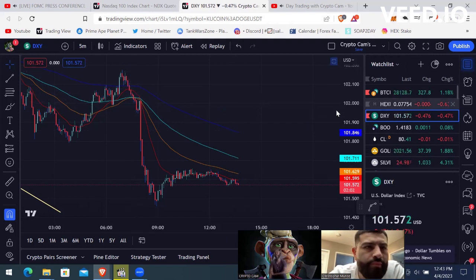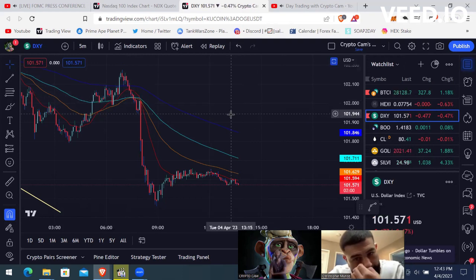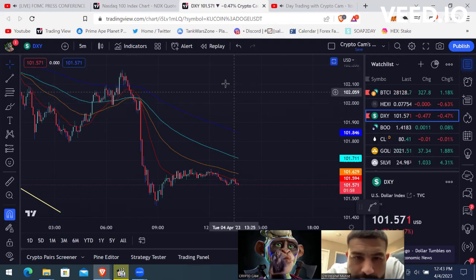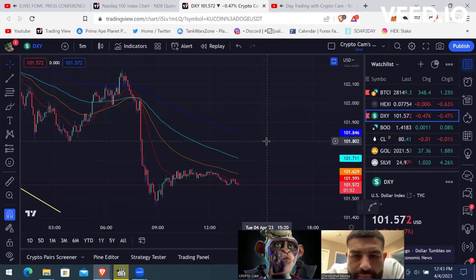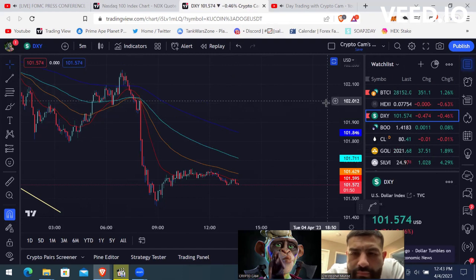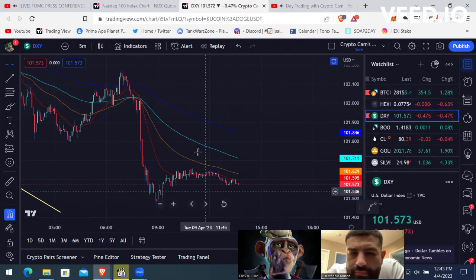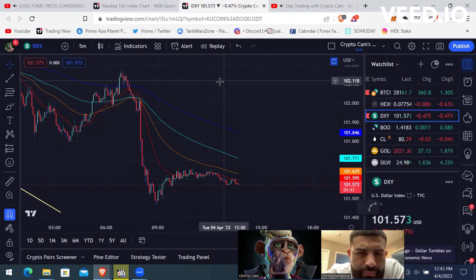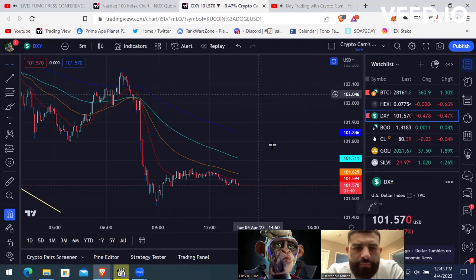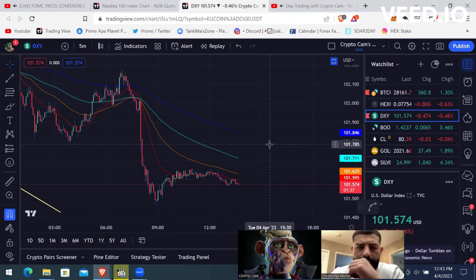The reason why I had you add the dollar index is because the dollar is basically going to give you a heads up on what crypto is doing. So anytime I'm trying to figure out what Bitcoin is going to do, I always go to the dollar index because it has a 70% inverse correlation, which basically means when Bitcoin goes up, 70% of the time the dollar index goes down.